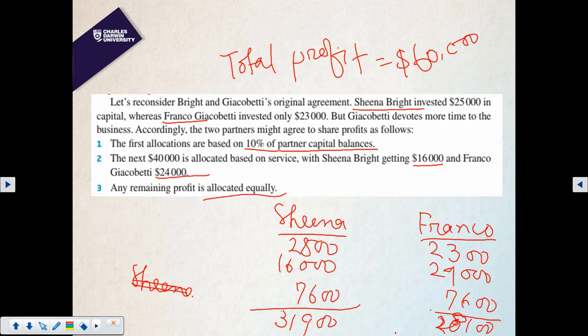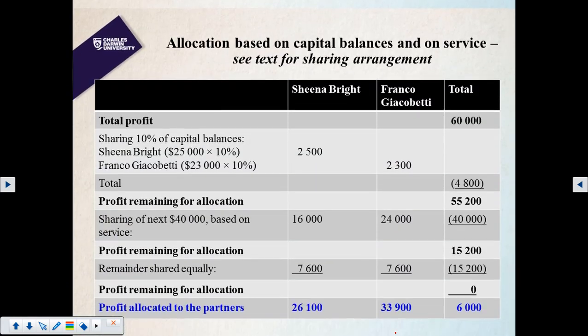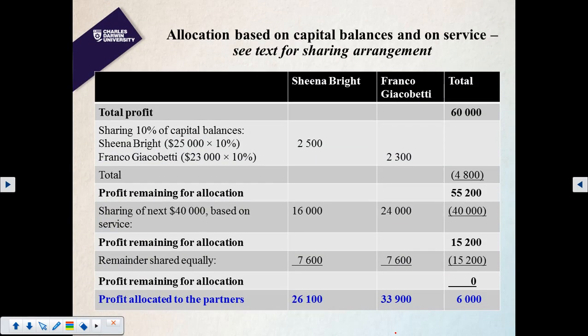So any remaining profit is allocated equally, meaning the total profit is 60,000, right? First they allocated 2,500 and 2,300, and then they allocated 16,000 and 24,000. Whatever is remaining should be distributed equally. We see here it is 33,900 with Franco, and Sheena is getting 26,100.